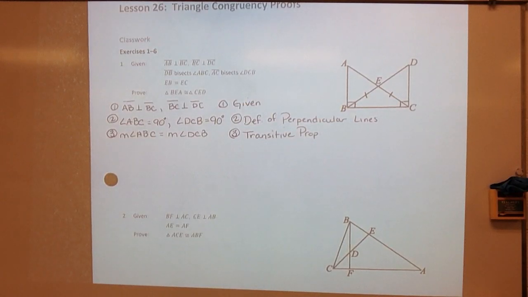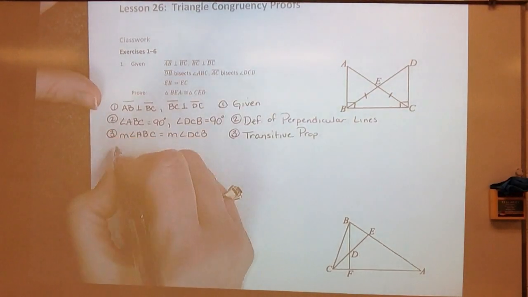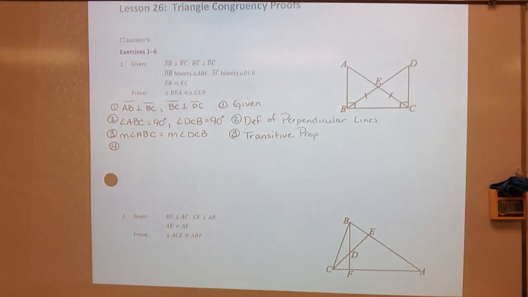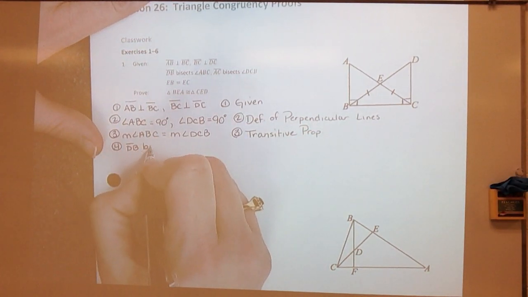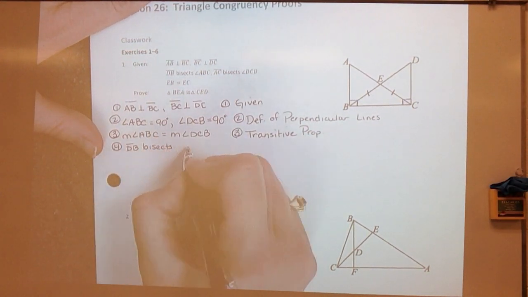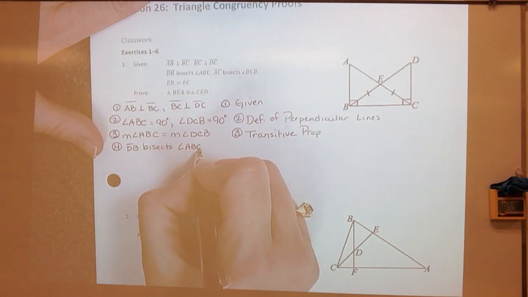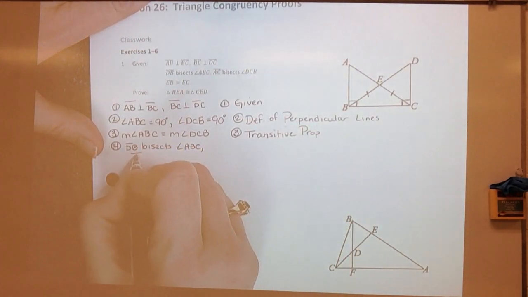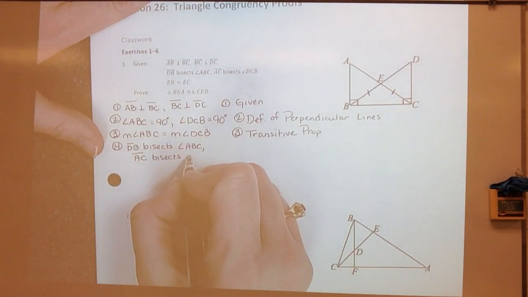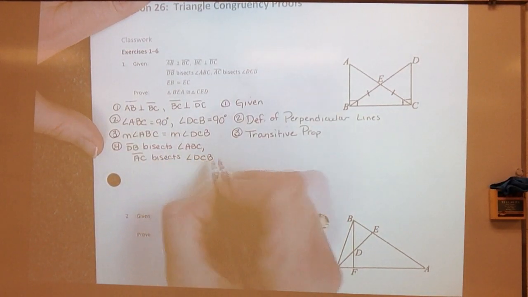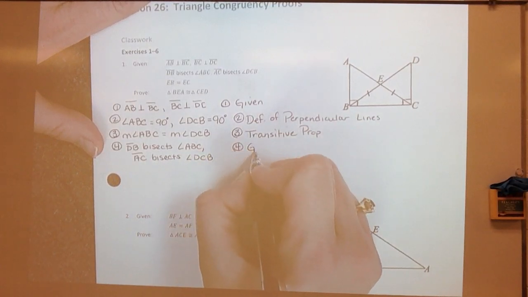So let's go to our second given statement. Our second given statement is that DB bisects angle ABC and segment AC bisects angle DCB. And that is given.